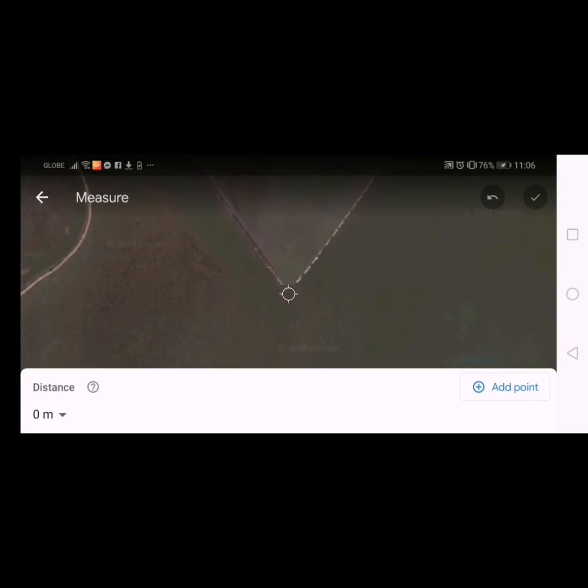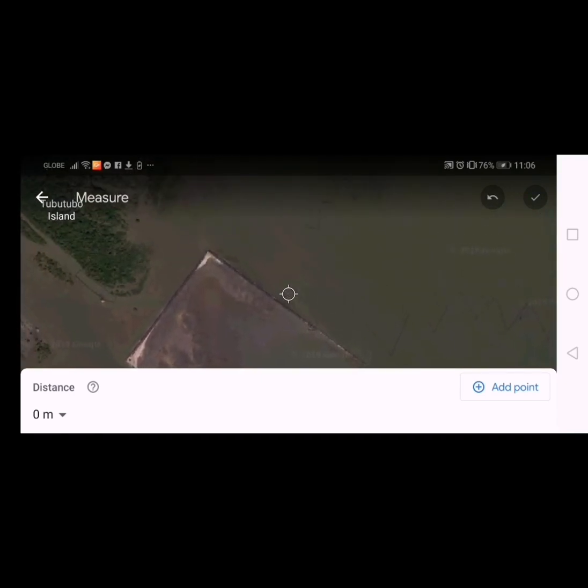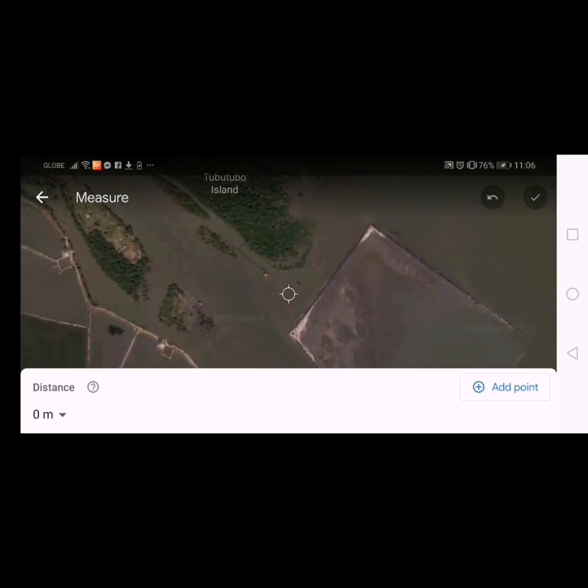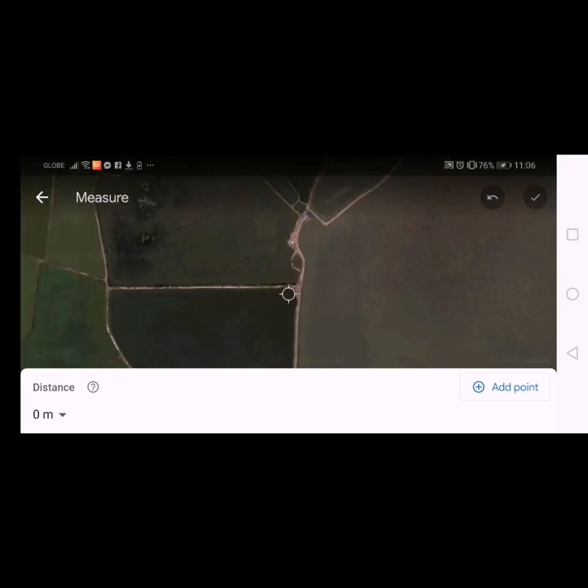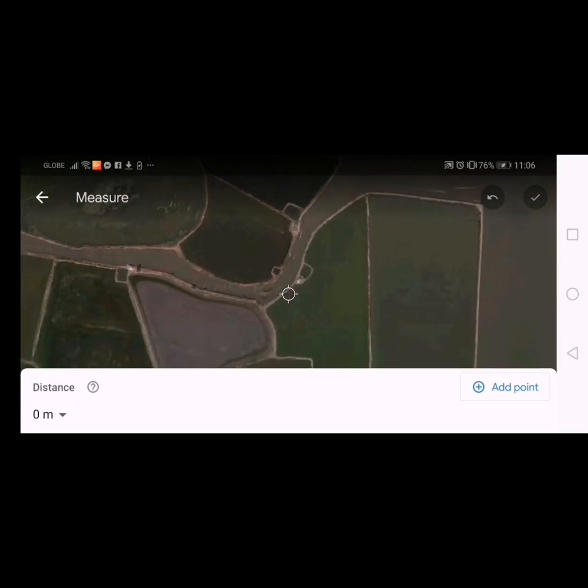Now, let me show you the size of this structure. One section alone of the walls measures about 400 meters. So that's 373 meters to be exact.